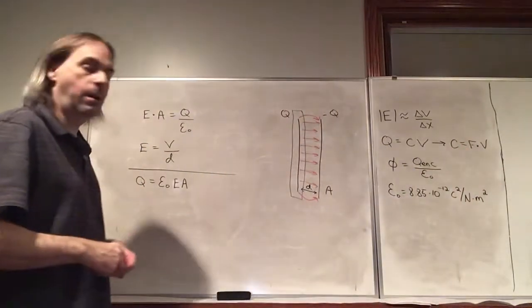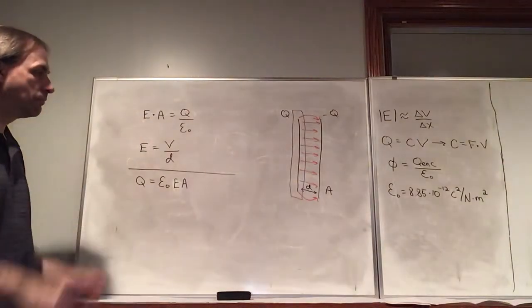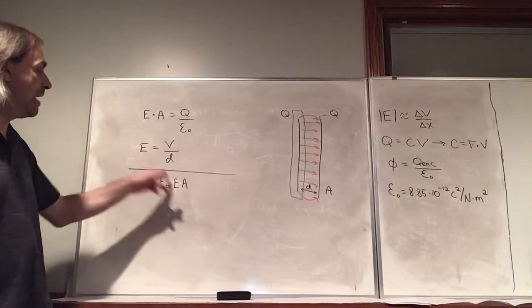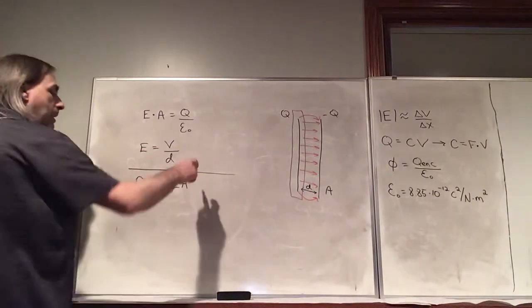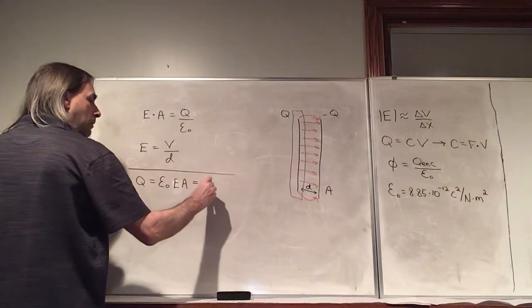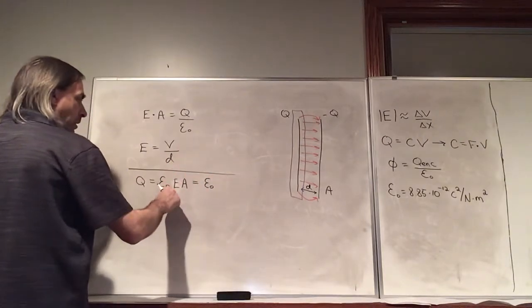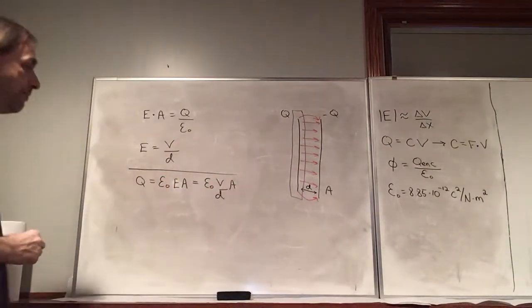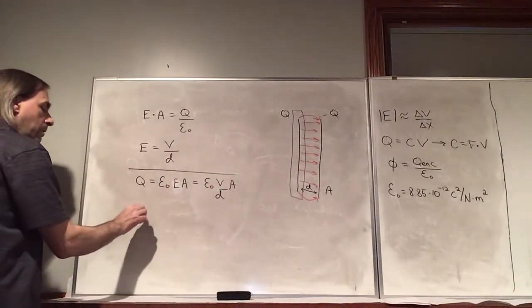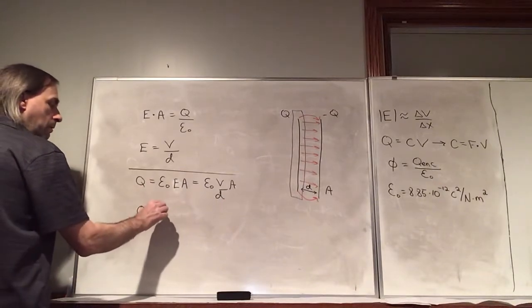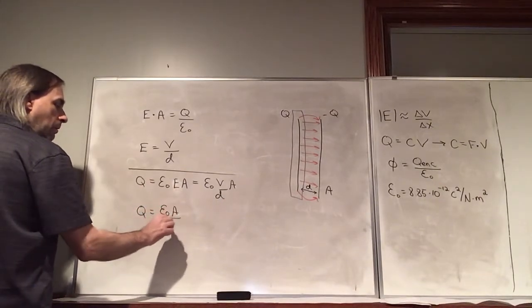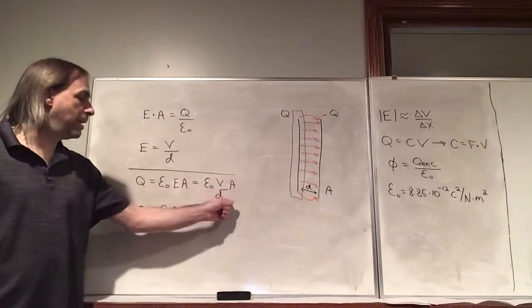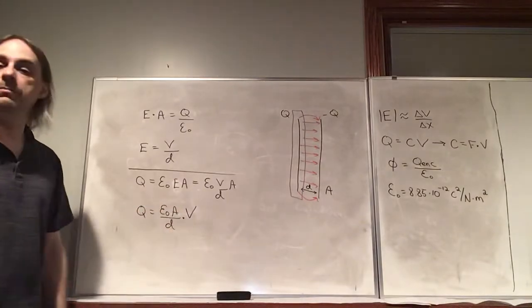So we've got a relation between Q and E, and now let's plug in E is V over d, and then times A. And we can rewrite this so just epsilon naught A over d by itself, and then times V.